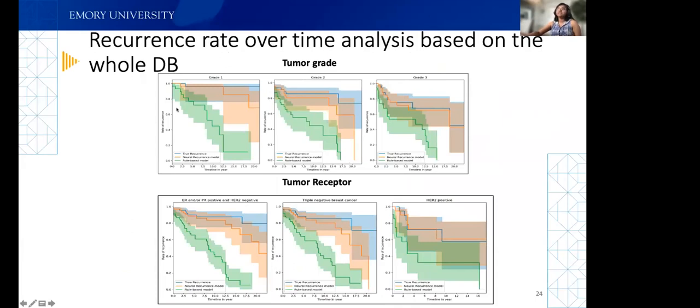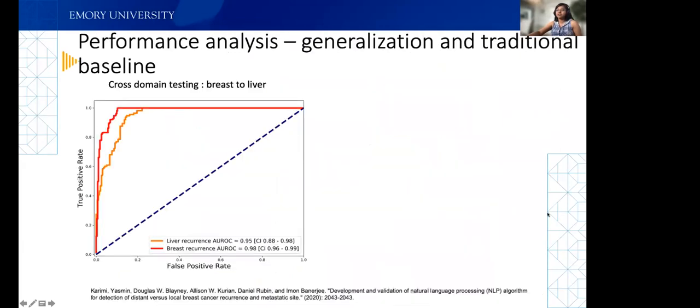We first extracted all the tumor grade information and correlated it with recurrence. We also extracted all the tumor receptor information and correlated it with recurrence. It was pretty interesting to see the power of NLP: the whole 10 years database, we can slice and dice as we want. An interesting approach here.